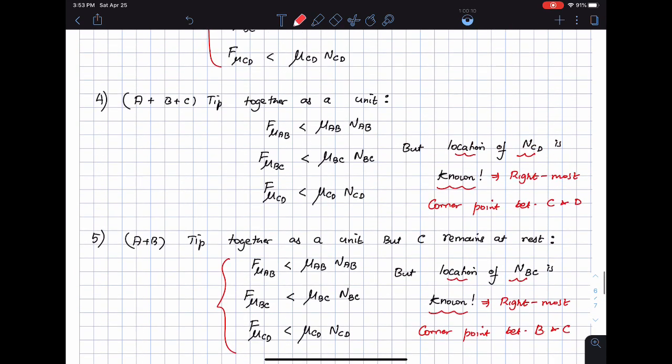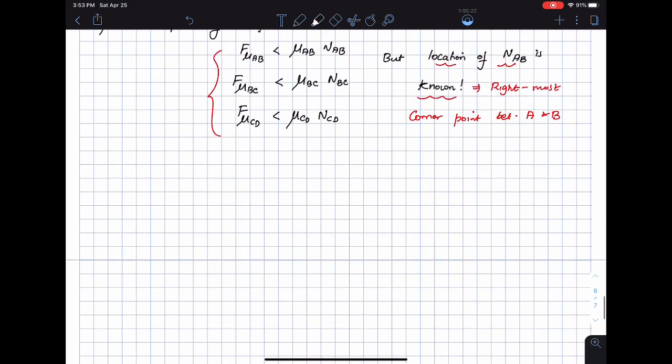And what we have to do in this problem is first eliminate the cases of tipping, and once I eliminate the cases of tipping, then I'm going to start looking at the cases of sliding. So the basic strategy is the following.